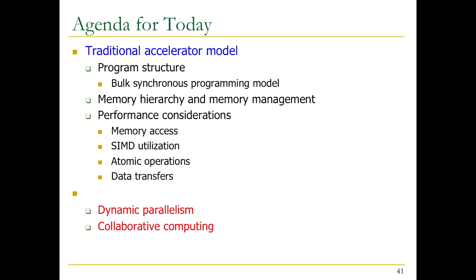So we will first see how the program is organized, and we will talk about what is called the bulk synchronous programming model. Then we will see what the memory hierarchy in current GPUs is and how this memory is managed. And finally, we will talk about performance considerations.